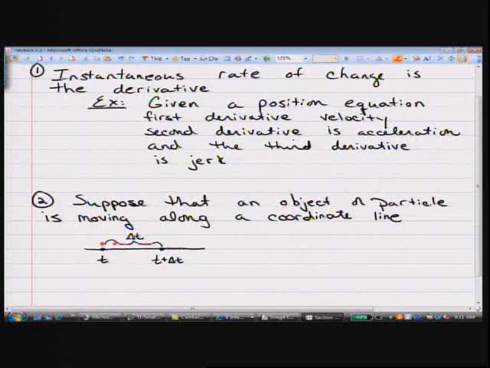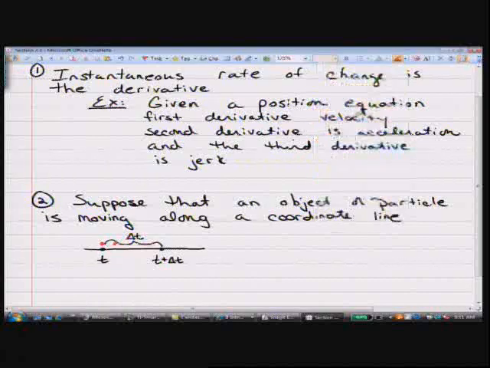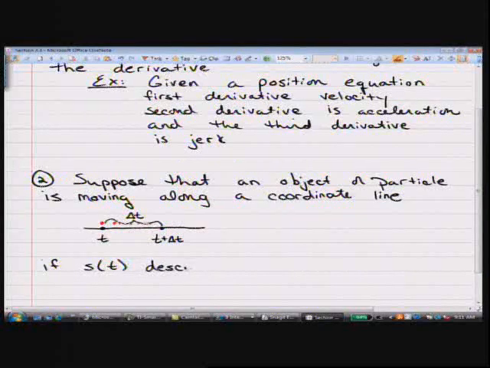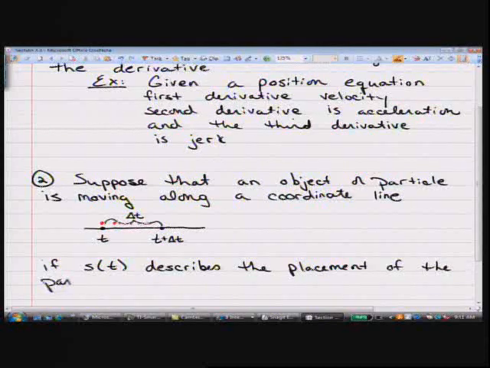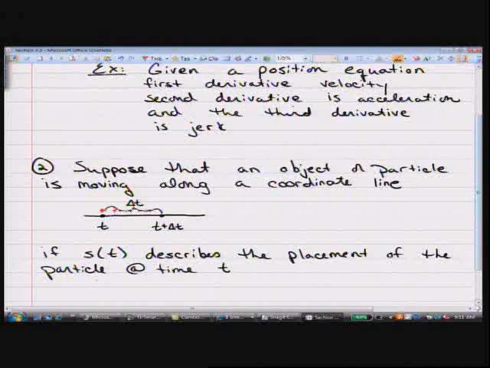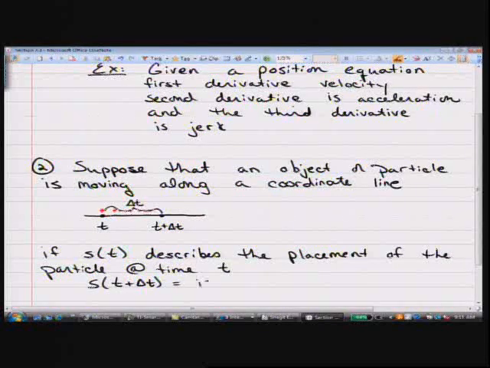And so, if S of t describes the placement of the particle at time t, so the location at time t, then S of t plus delta t is just going to be where it's at delta t later, right?